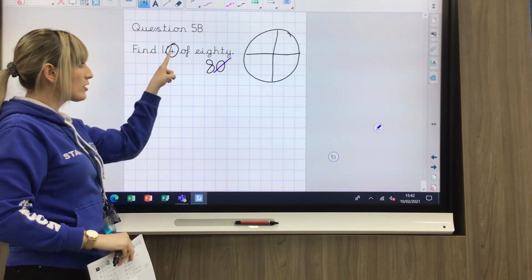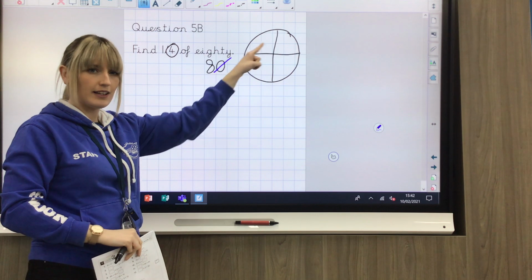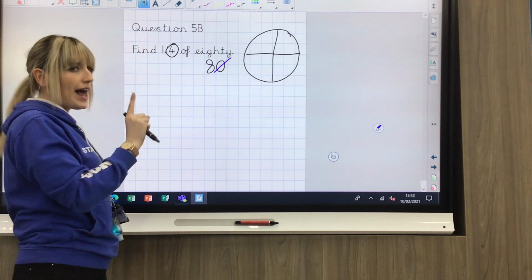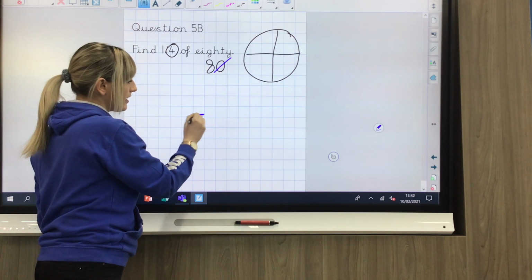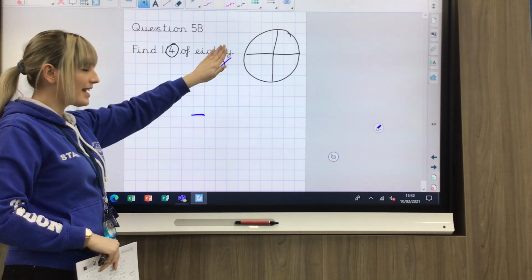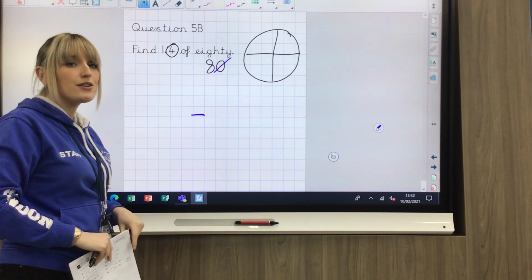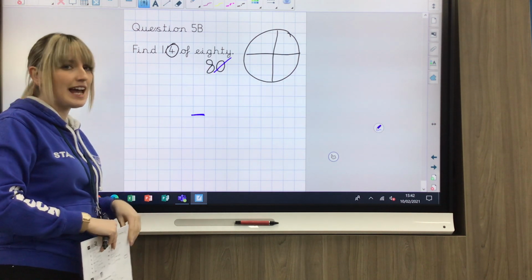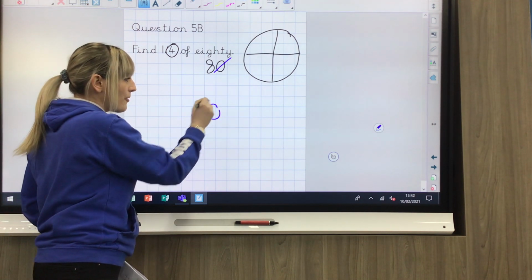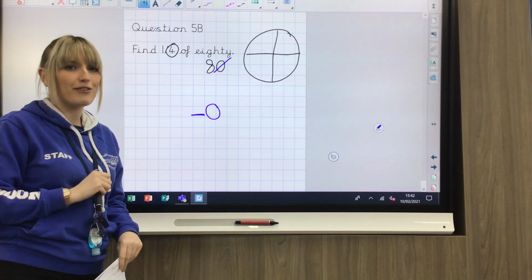So I want you to find a quarter of 8, write out the answer, and then remember, whatever your answer is, you made 80 10 times smaller by taking away the 0. So you need to make your answer 10 times bigger by adding the 0. That's my top tip for that question.